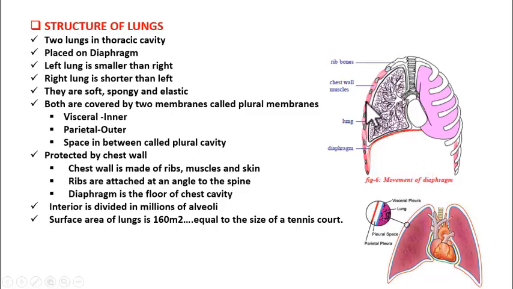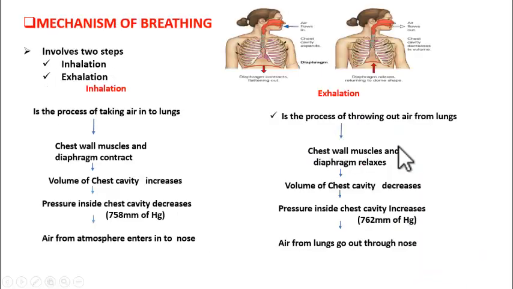So when these muscles contract, ribs go up. When this contracts, this muscle goes down. Because of this, the condition is like here. See, ribs are going up and diaphragm going down. Because of this, the volume in this region increases. As the volume increases, what happens? Pressure goes down according to Boyle's law, right?